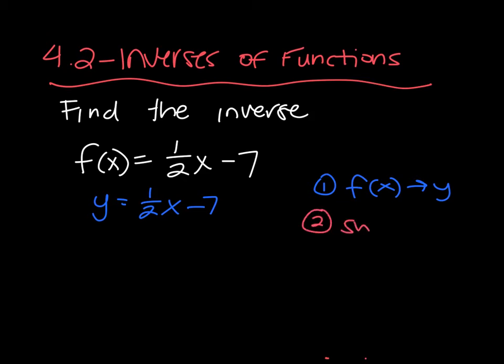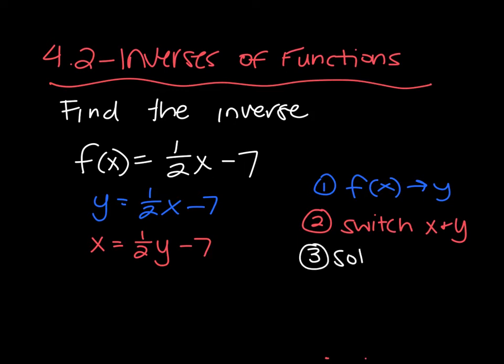Then I'm going to switch the x and the y, because that's how you find the inverse of something, right? If I gave you x, y values, then you would switch them. Then I want to solve for the new y.